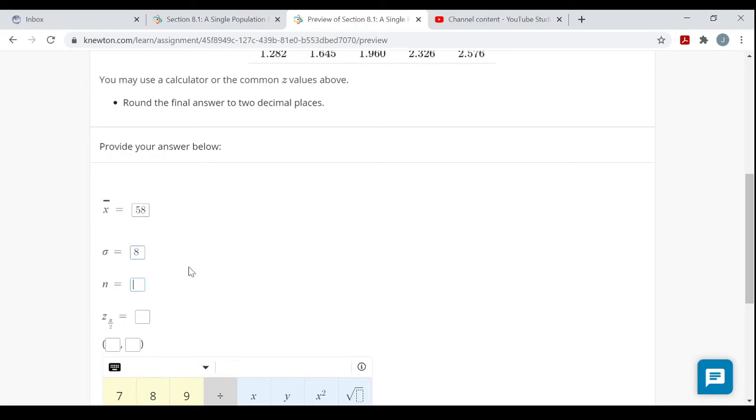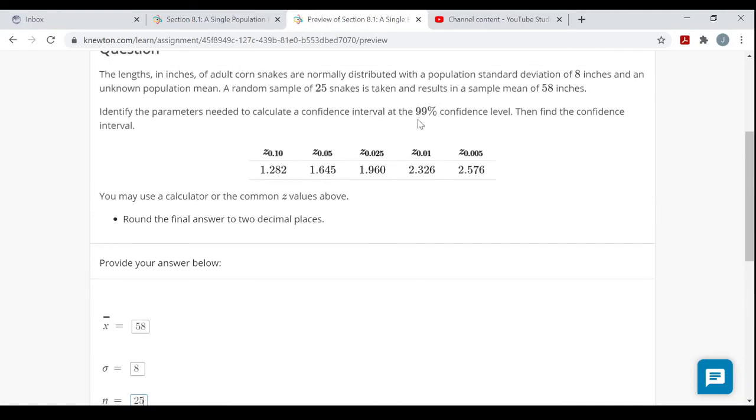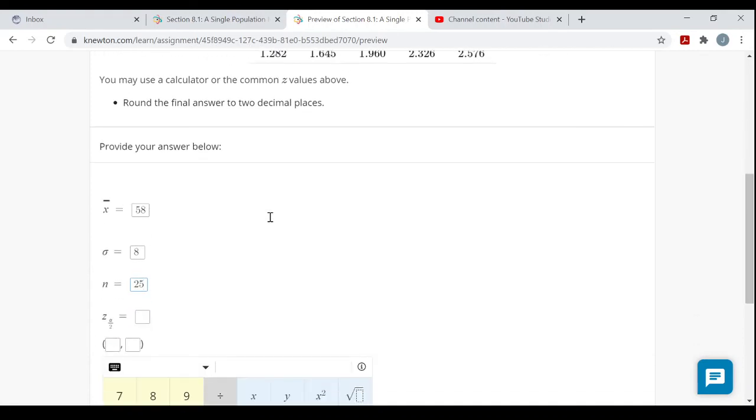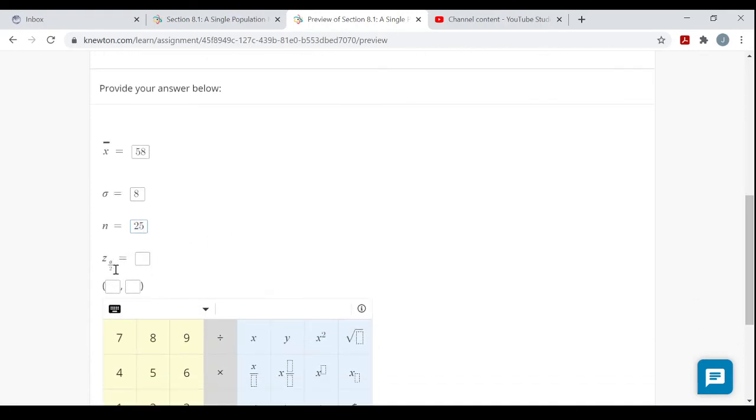N was the sample size, 25. And then this z alpha over 2? What's the z-score with an area of half of alpha above it. And alpha here, 99% was the confidence level, so alpha is 1%, meaning alpha over 2 is half a percent or 0.005.